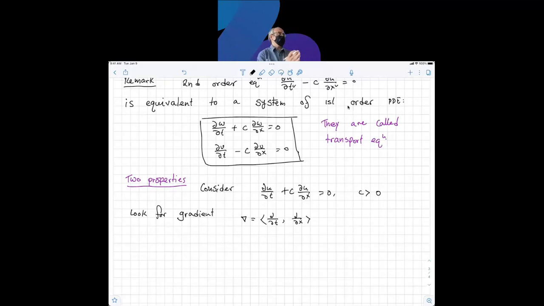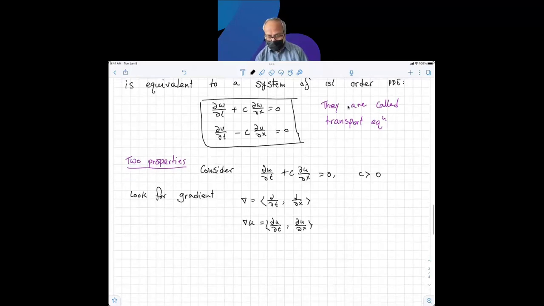The gradient operator is a collection of first order differential operators, one comma other, second comma other, third comma other, not necessarily three. There could be infinitely many or finitely many differential operators in a high dimensional system. So that's my gradient operator. Then I can say the gradient of u is du dt comma du dx.